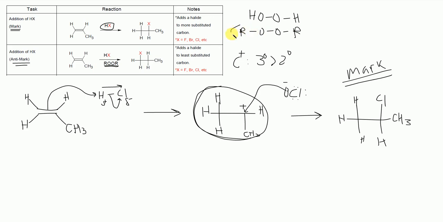So peroxides are extremely toxic to us. Okay, and so essentially what happens that's different over here is that we have the formation of radicals in this environment, and that changes everything. So let's say I have the same double bond, right?